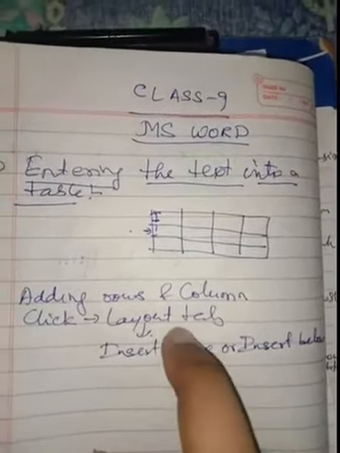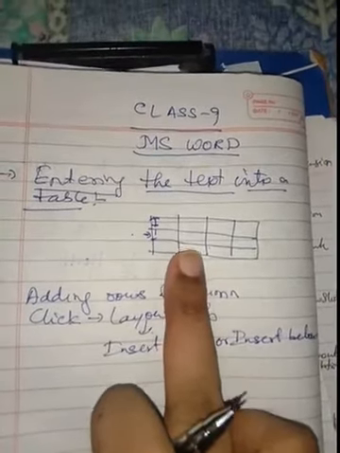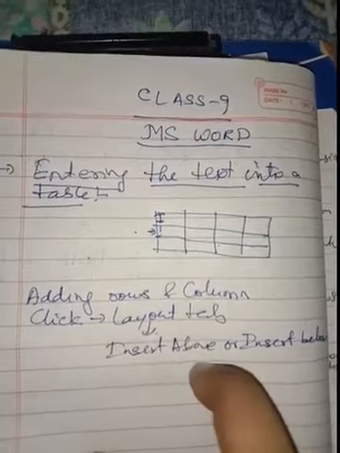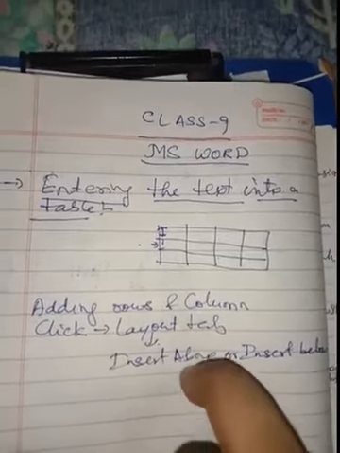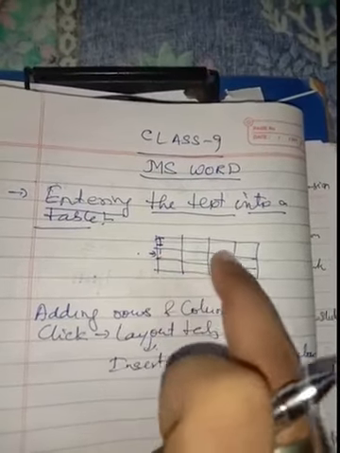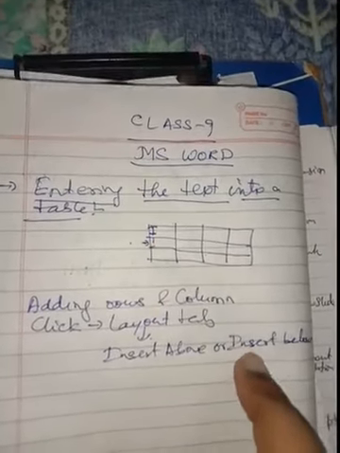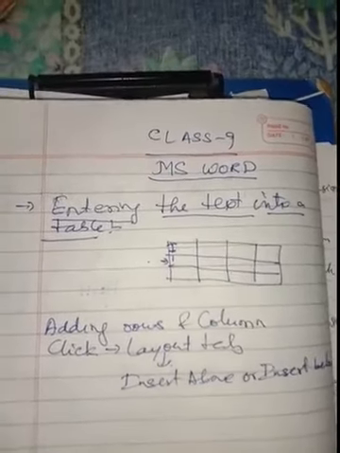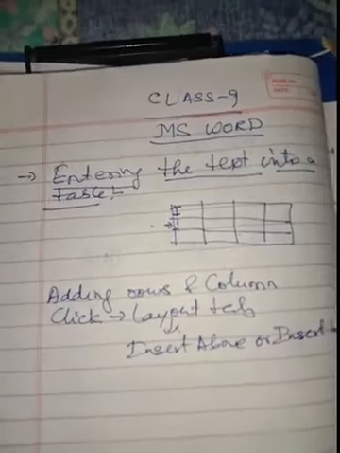So after selecting the row, move to the layout tab, and from there click on insert above. When you click on insert above, a new row will get inserted above the selected row, and when you click on insert below, a new row will be inserted below the selected row.